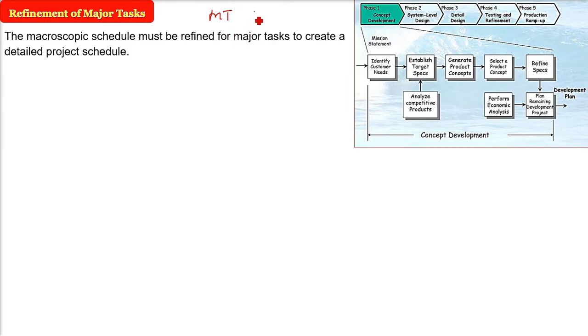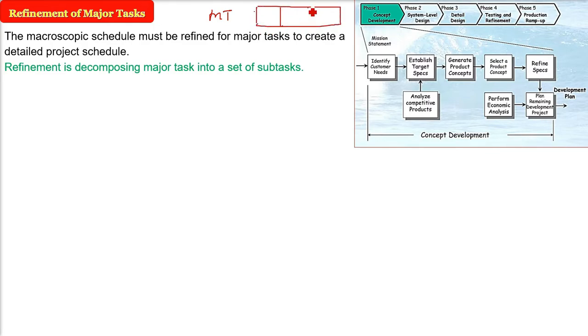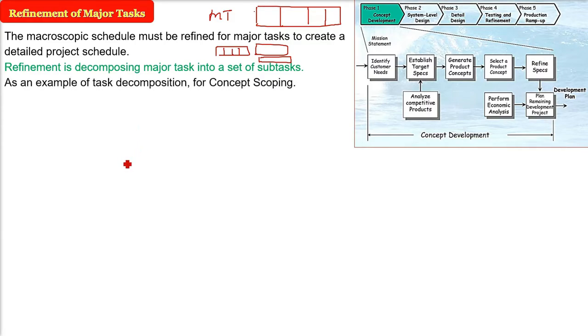That is, from macroscopic you have to go to microscopic. This refinement decomposes the major tasks we have already defined into a set of subtasks that can be put in a task set. We also need to see how these tasks are related: concurrent, parallel, or in sequence. But before that we have to decide what the subtasks are.